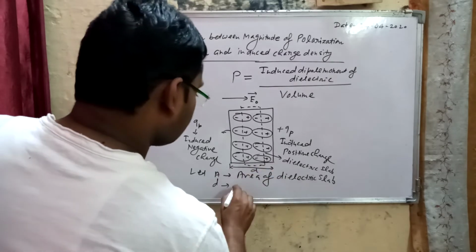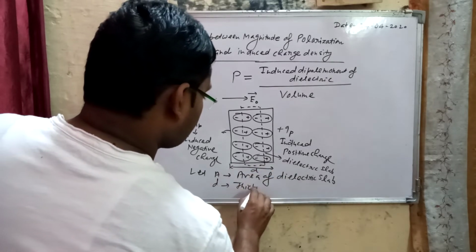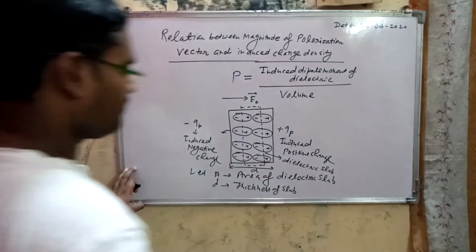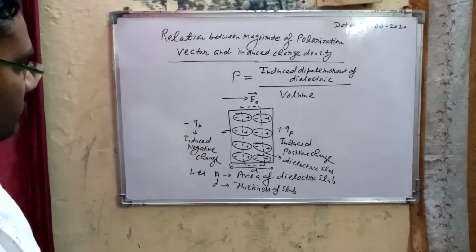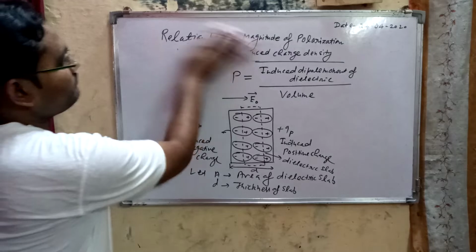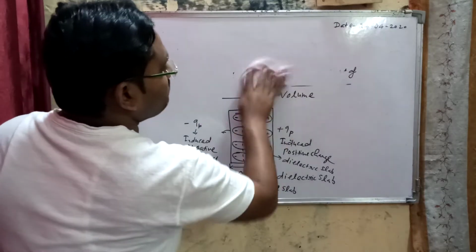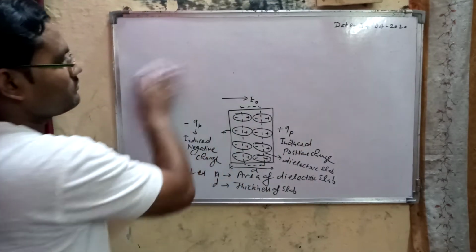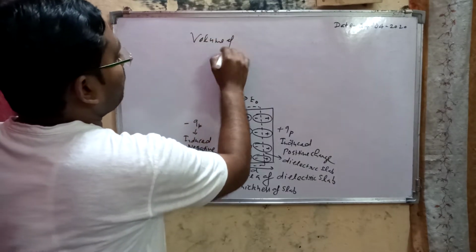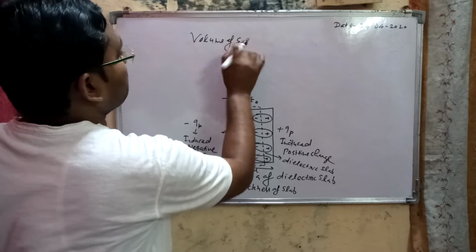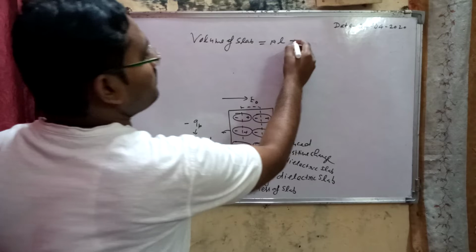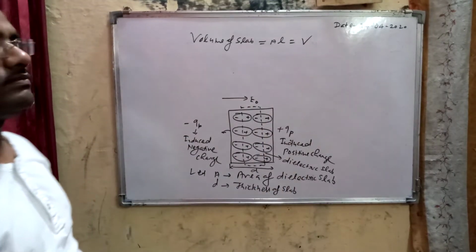This one is a small d, the thickness of the slab. Then what is the volume of this slab? Now here the volume of the slab is A into d. This one is the capital V.